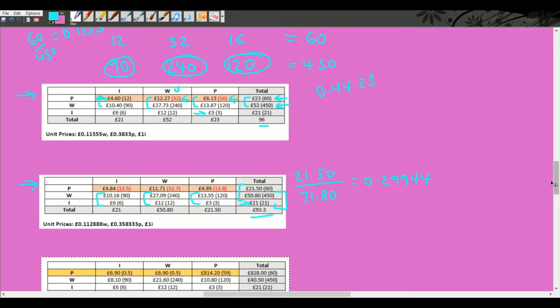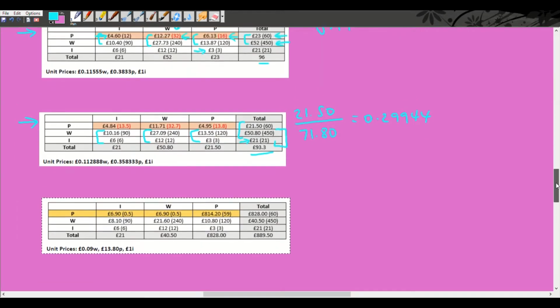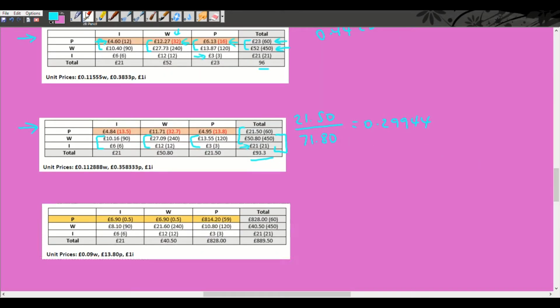This next table is if we distribute the pigs in such a way that most of the pigs are going to stay in the pig industry. So here the pig capitalists get 59 pigs, and the wheat and the iron only get 0.5 pigs each. And as you can see, that's a huge change. That's now £828 in order to make that distribution happen.